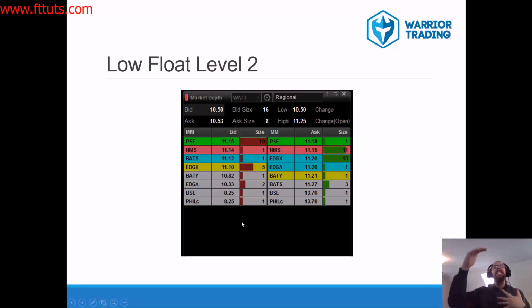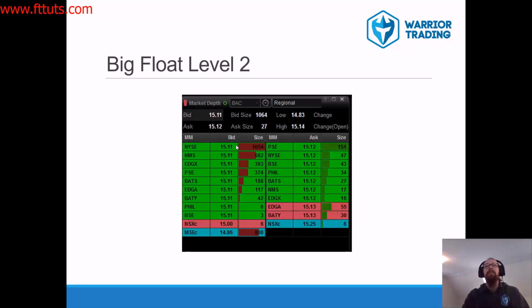You can see that it's a little bit thinner. So when we talk about the stock being thin, this is what we mean. We mean that there aren't as many buyers or sellers wanting this stock. That means when you have a big buyer, or when you have a lot of buyers come in, the stock can move very quickly, right? And that's what will happen when you have demand, when you have a catalyst.